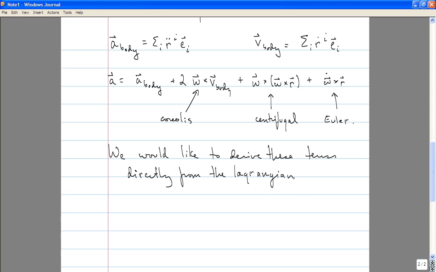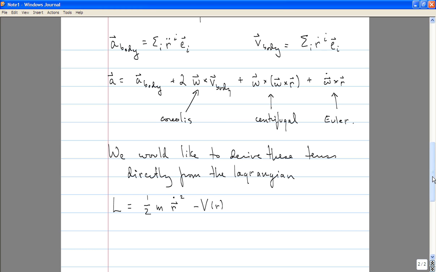So let's imagine that I have some particle, some object, which is moving in some potential v. Then the Lagrangian will be 1/2 m r dot squared, so the kinetic energy, minus v of r.